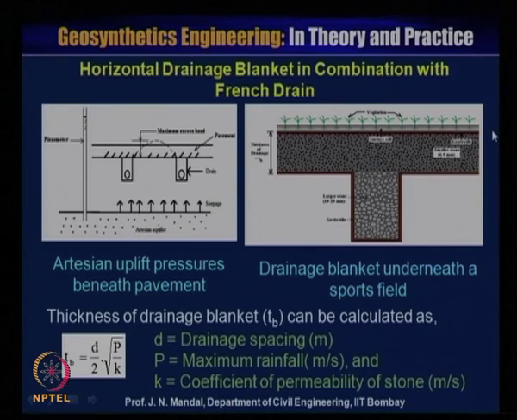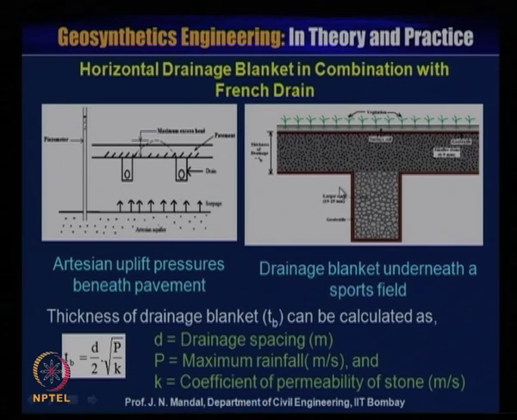If there is any sports field, you can use the geotextile material or the geocomposite material. And on the top of this sports field, you can see the vegetation or grass can grow, and this is the thickness of the blanket drain.